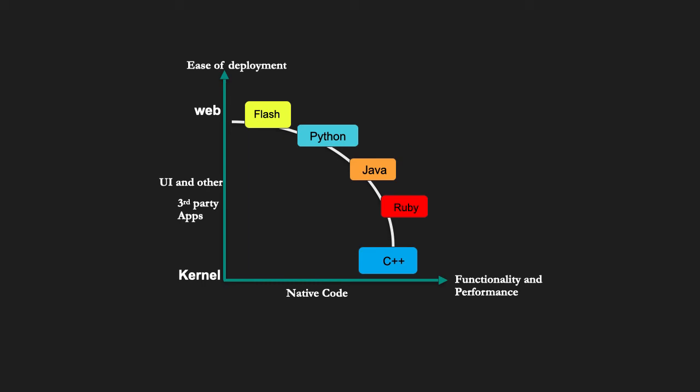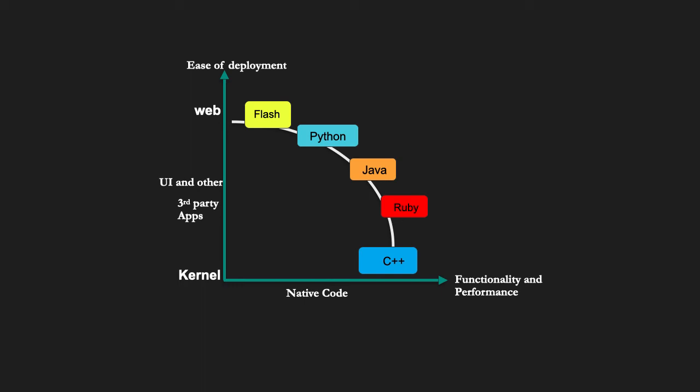Here in the diagram, you can see the relationship of C++ to the other programming languages. At the center, or the zero, is the kernel, the important part of the operating system. Towards the x-axis is the native code, and they chose C++ as the native code for functionality and performance.